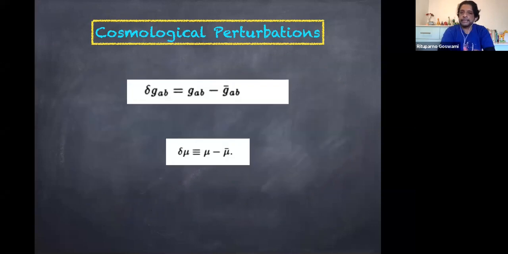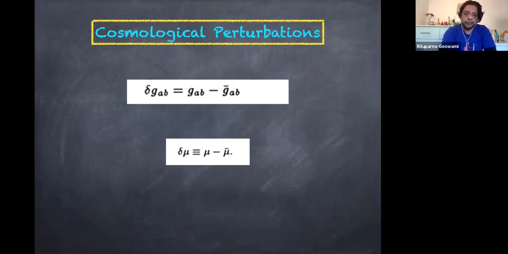In other words, if the metric of the idealized universe is g-bar_ab, and the metric of the realistic universe, which we live in now, is g_ab, then delta g_ab, this small change in g_ab, will be given as the difference between these two. Similarly, delta mu will be given by the energy density as we measure now, subtracted by the idealized energy density.